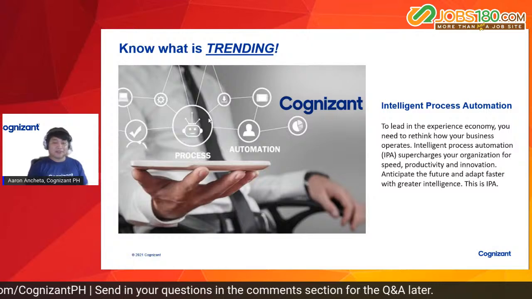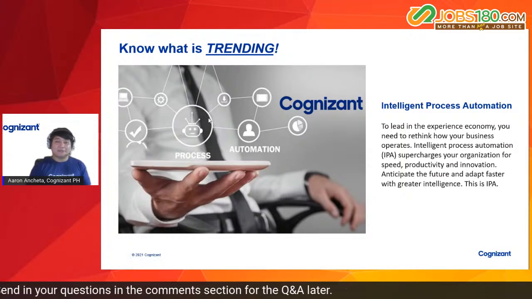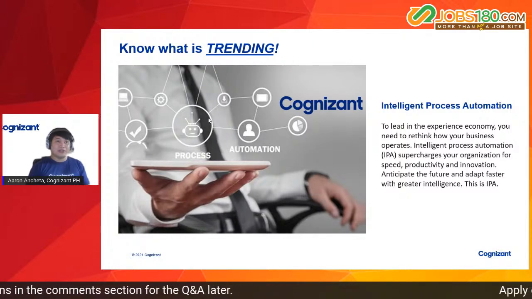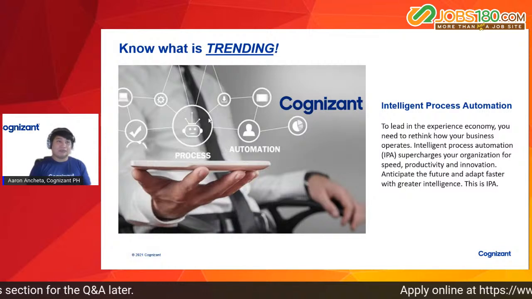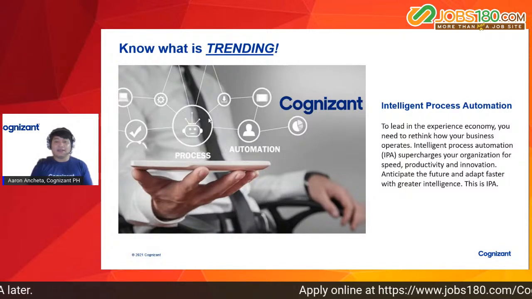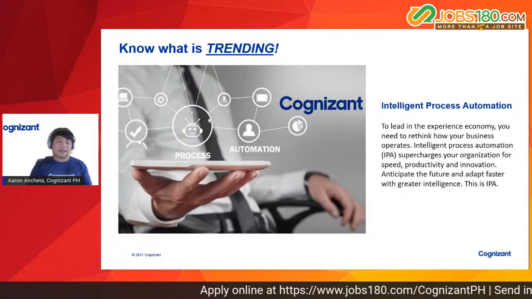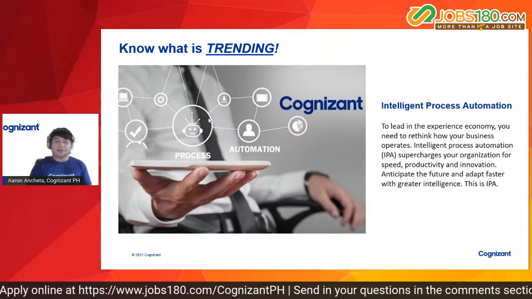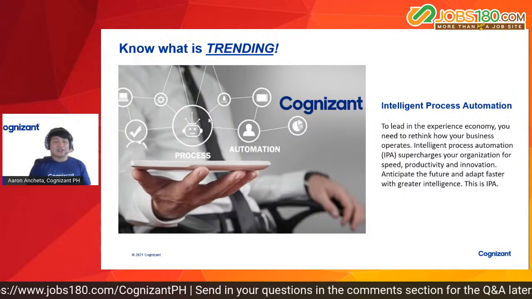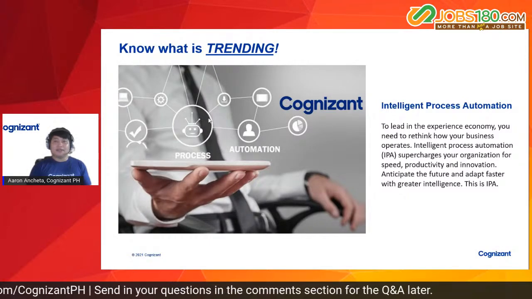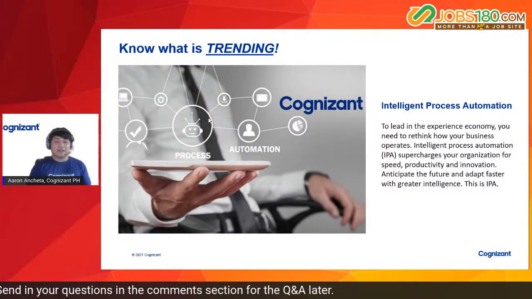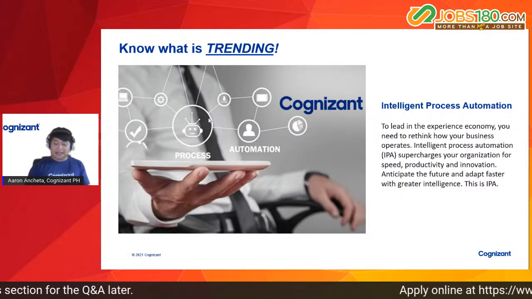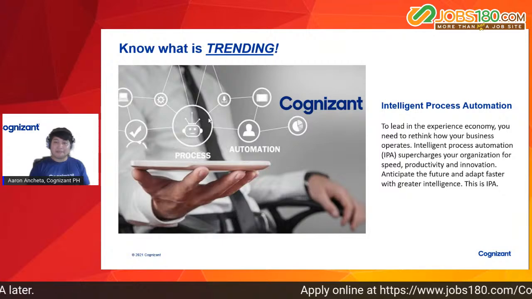IPA, or intelligent process automation, helps a lot of organizations to be more efficient, be more productive, and anticipate future challenges and opportunities. And from there, they can formulate strategies and come up with very positive decisions to improve the organization itself. So I have one last video for IPA.